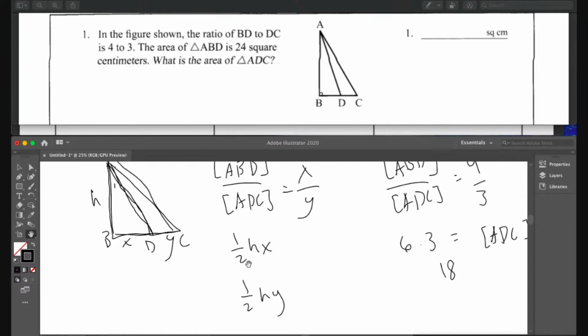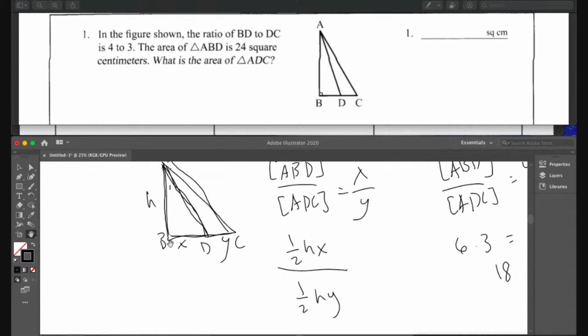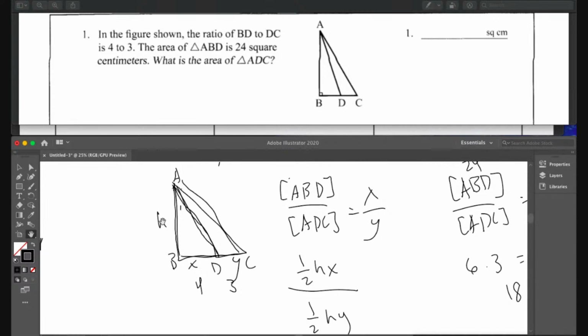And then you can see that the ratio of the areas is just going to be the ratio of x to y, since the 1/2s and the h's cancel out. What you can also do is set x and y to something random that still satisfies the ratio, like 4 to 3, because this problem allows that, I guess. And then you could solve for this height with the given area.